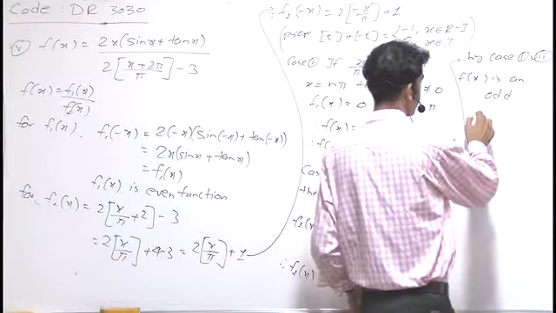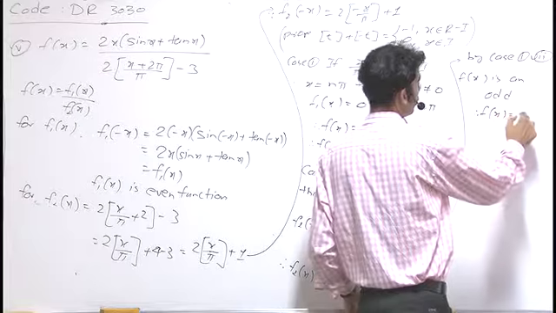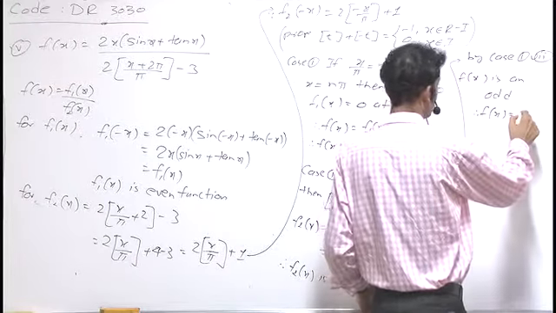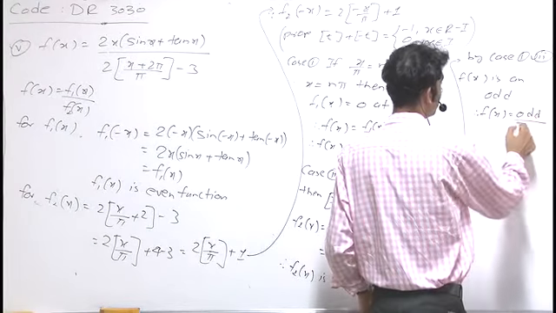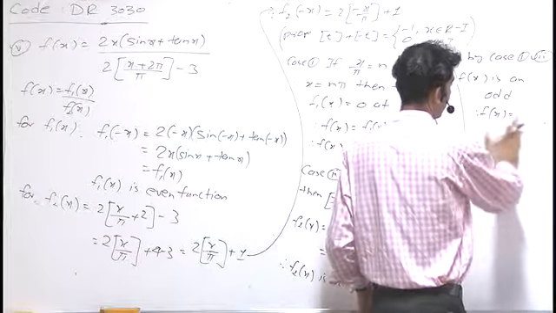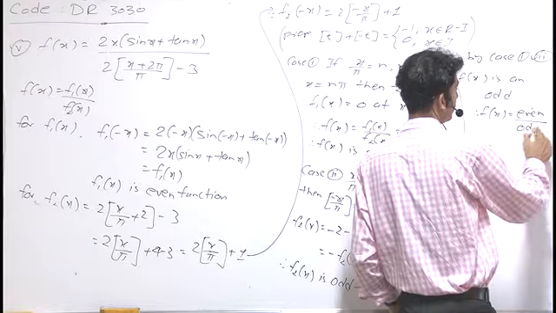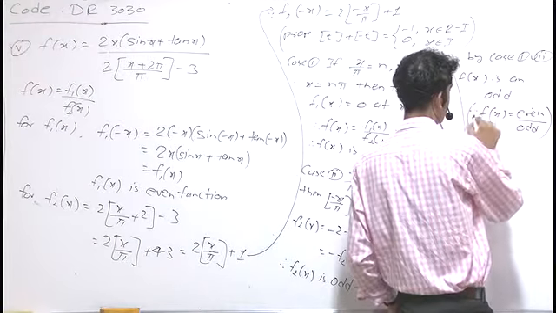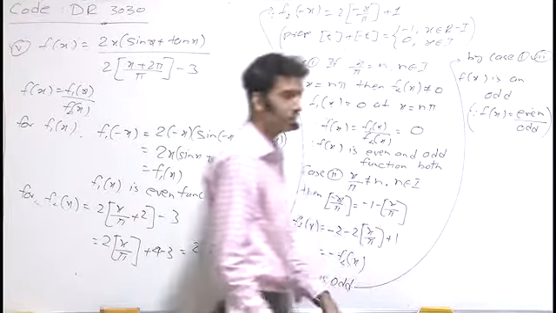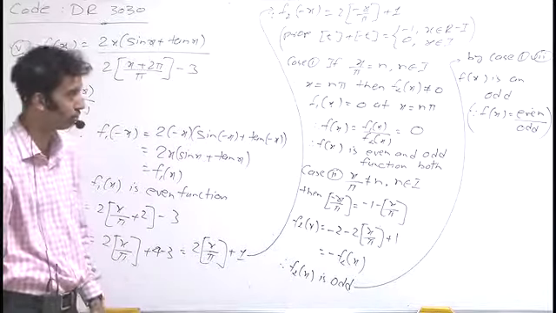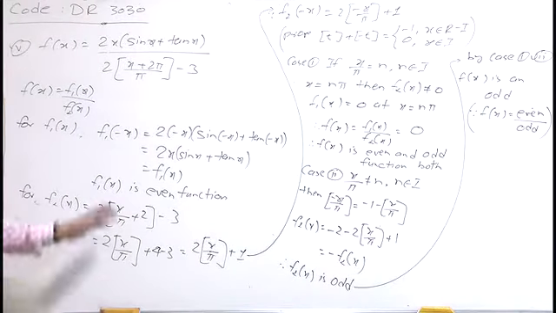Therefore f(x) equals an even function divided by an odd function. So f(x) can be said to be an odd function when we take case 1 union case 2. So this is the required result of the given question.